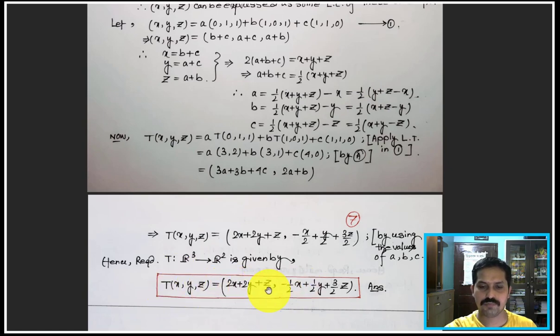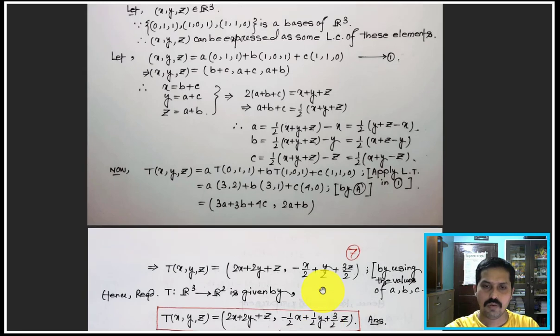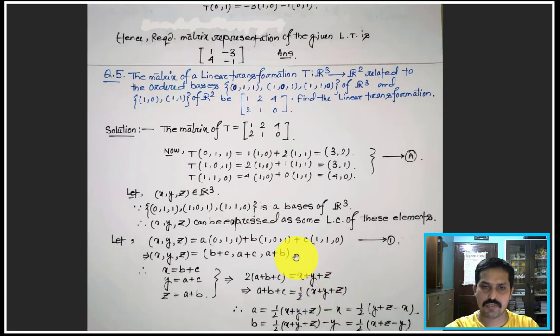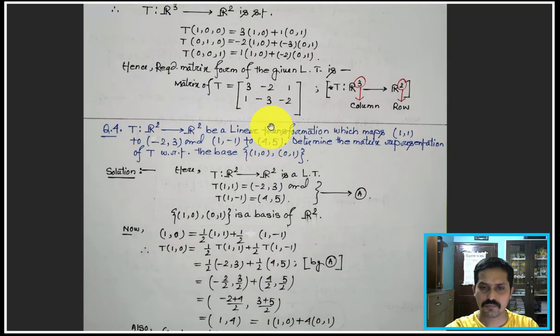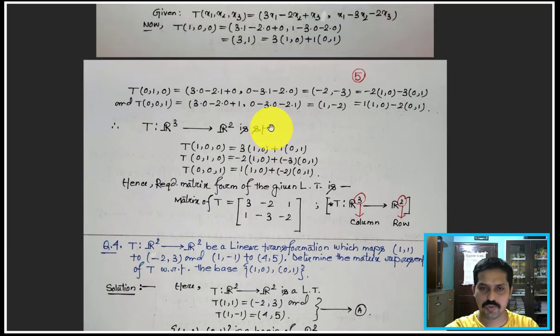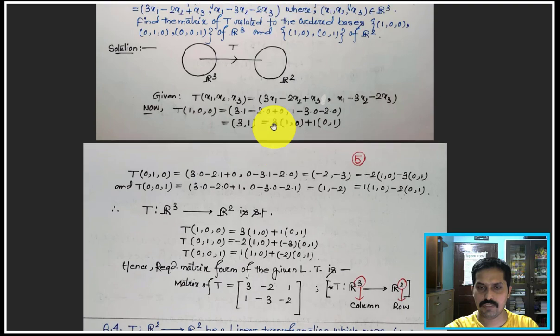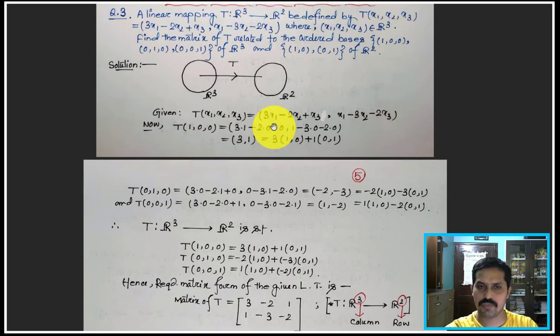Hence the required linear transformation is this. So this is the technique for finding a linear transformation where the matrix of the linear transformation is given. And these two examples show how we can find the matrix of a linear transformation when the linear transformation is given.